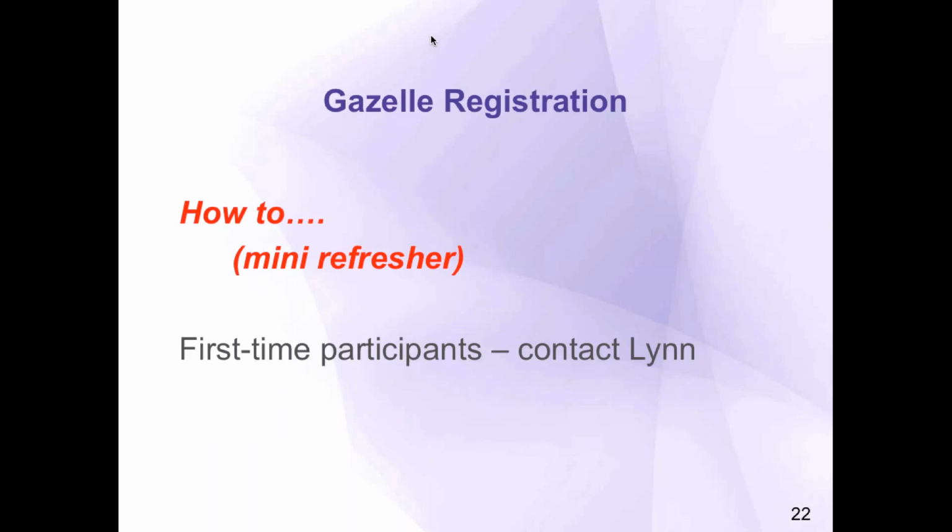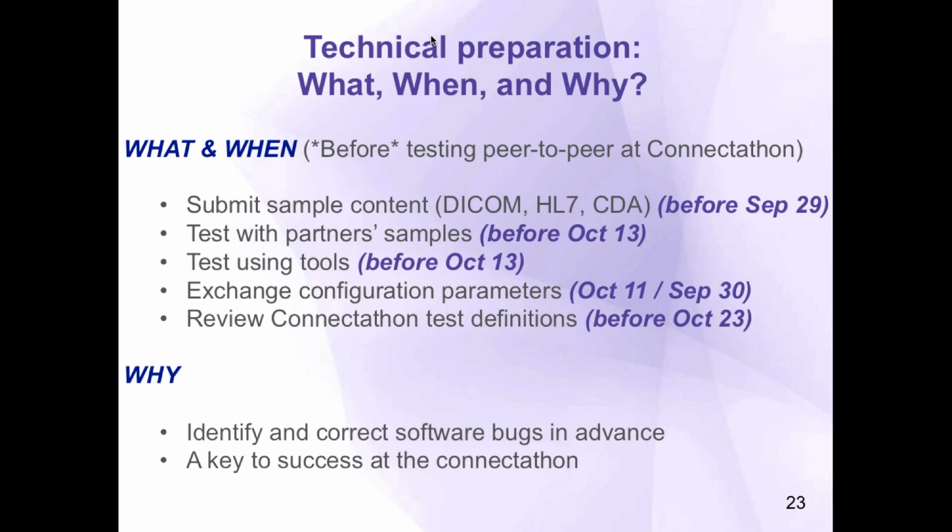So we actually went through the how to, at least those preliminary steps already. So after you finish your registration, we're going to ask you to do a little bit of preparation just to make sure that the time that we spend together in October is optimal.